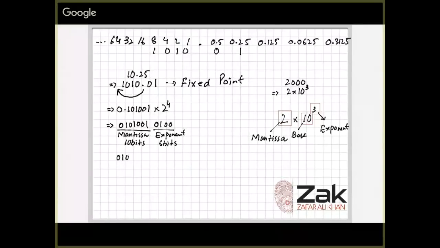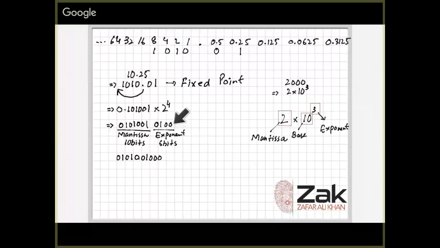1, 2, 3, 4, 5, 6, 7, 8, 9, 10. So we have got originally 7 bits that we have filled, 1, 2, 3, 4, 5, 6, 7, and the rest 3 bits, because we have got 10 bits of space, we will be filling in with zeros.